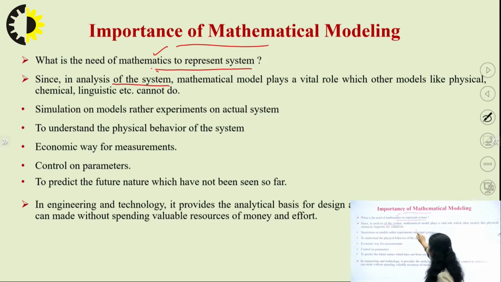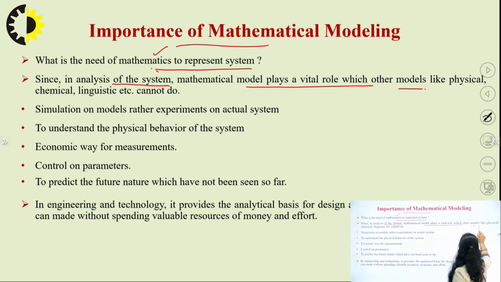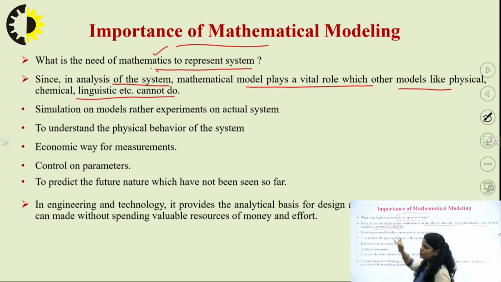In the analysis of the system, the mathematical model plays a vital role which other models, like physical, chemical, linguistic, etc., cannot. With mathematical formulas, we can easily relate the different variables of a system and draw conclusions on the basis of it.